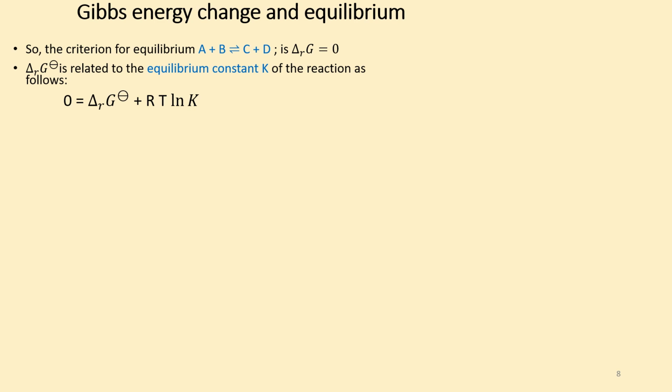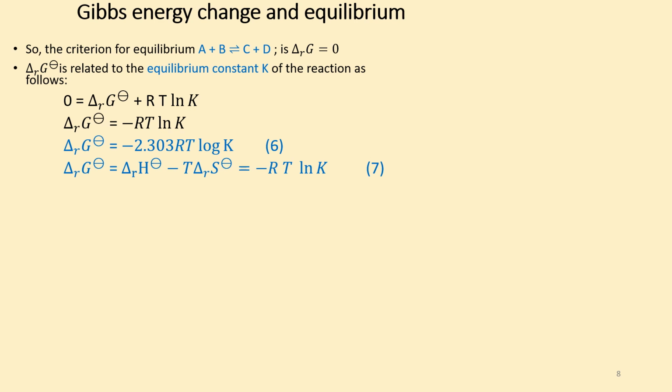Don't get confused with the letter K for Kelvin. Delta rG naught is equal to minus RT natural log of K, that is, rearranging the above equation. So delta rG naught equals minus 2.303 RT log of K. That means in equation 6 we have converted the natural log into the log to base 10.